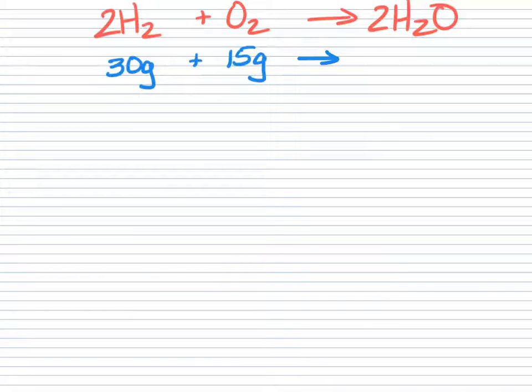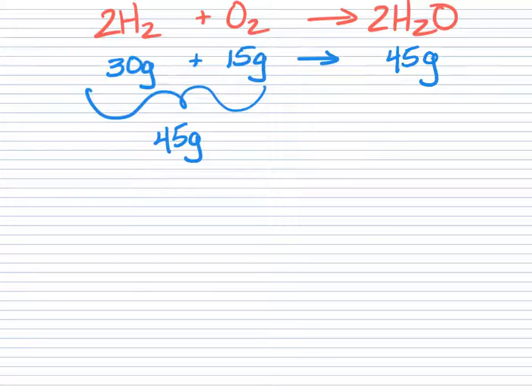And if you notice, these are all on the left side of the arrow, and so that adds to 45 grams total. That means the water must weigh 45 grams total, because the crap on the left has to equal the crap on the right. And if that is in grams, then grams of the reactants are going to equal grams of the products.